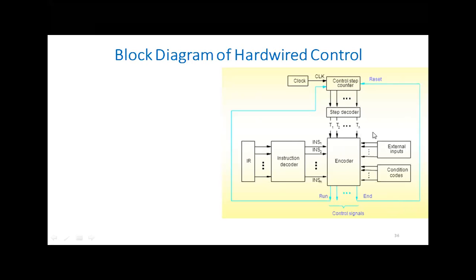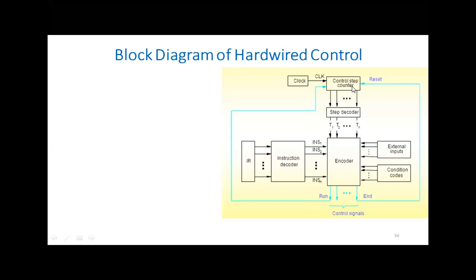Because in some instructions, whenever the instruction reads some data from the memory, the processor has to wait, because it takes some time. If the data has to come from the memory instead of cache memory, it will take more time. So in that case, the run should be made 0. Whenever the run value is 0, this step counter value will not be incremented, it will be as it is.